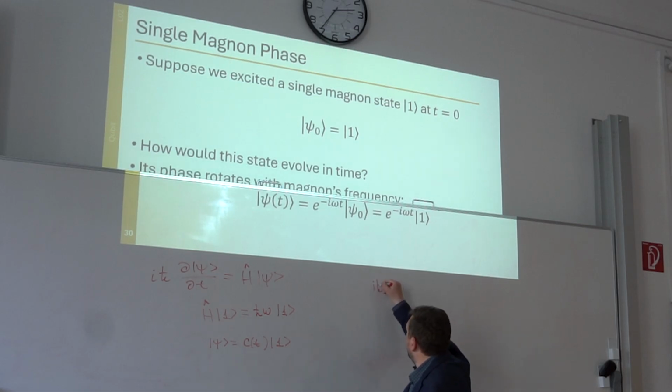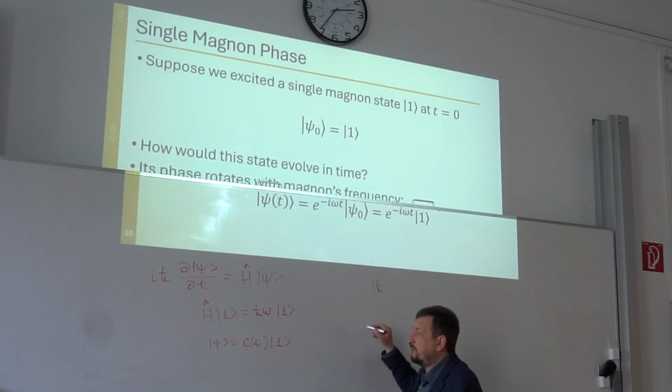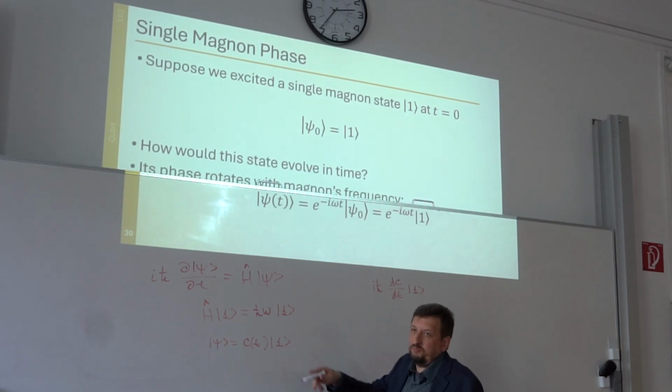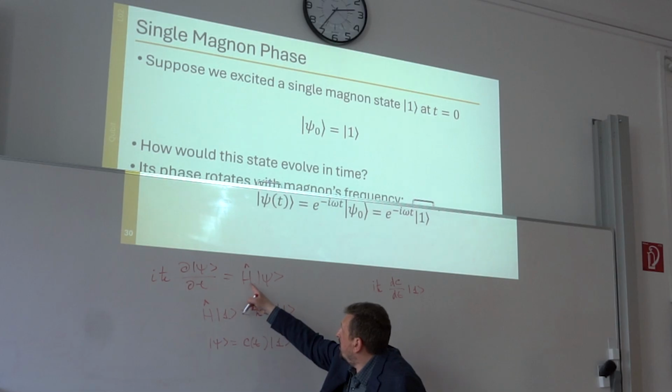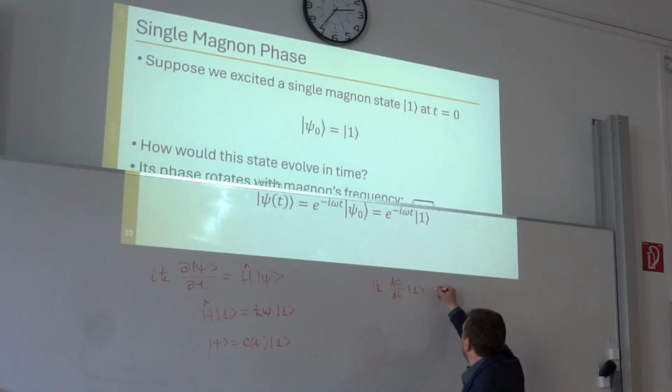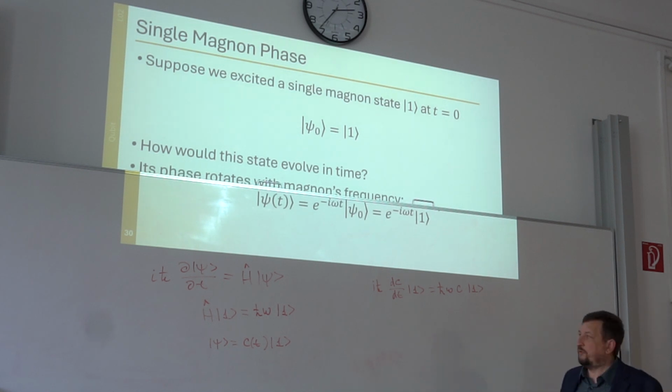I substitute it here. What will I have? i h bar, then the derivative of c. The state 1 is just a state, it doesn't depend on time. And here I have the Hamiltonian acting on this state, so I will have h bar omega c as a function of t.